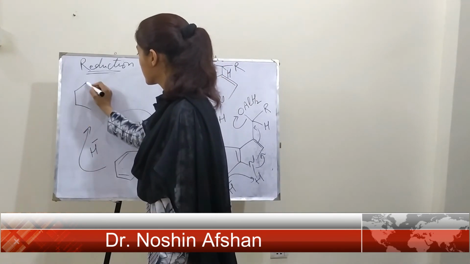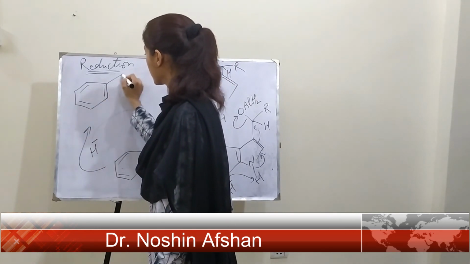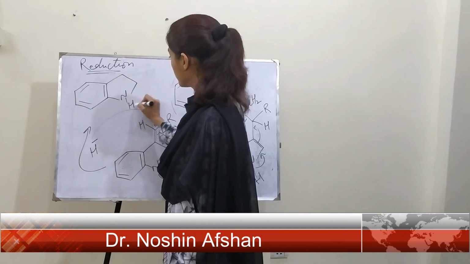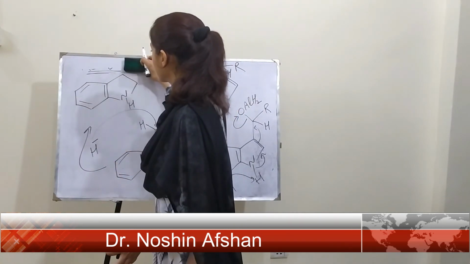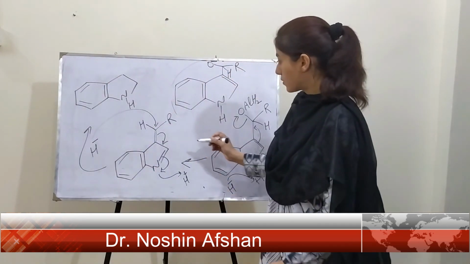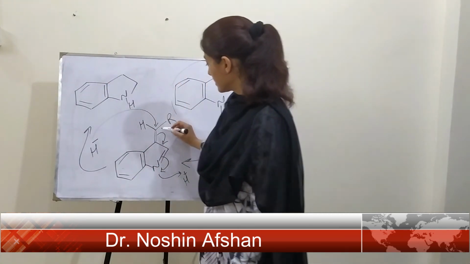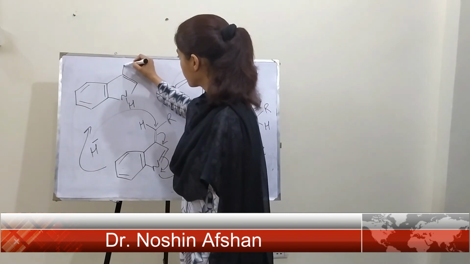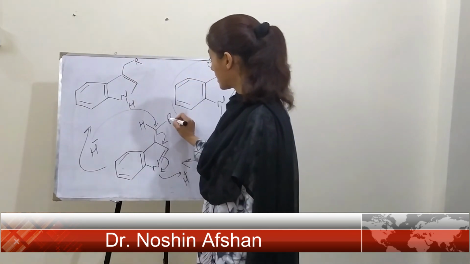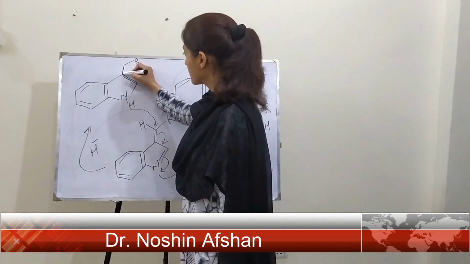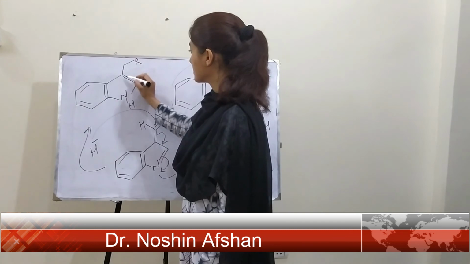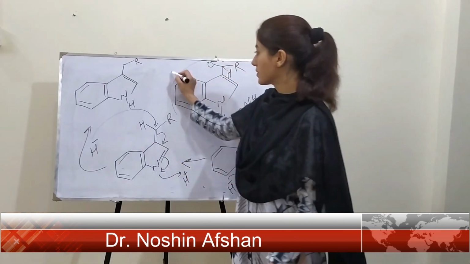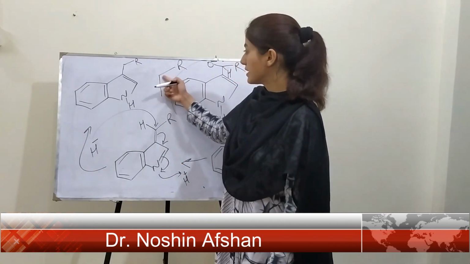So our resultant product has nitrogen attached with one hydrogen, a double bond at this position, and then the R group, and here there are two hydrogens. Here it is understood that it is CH2.